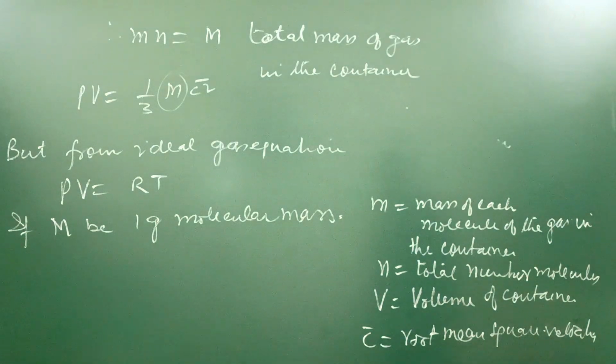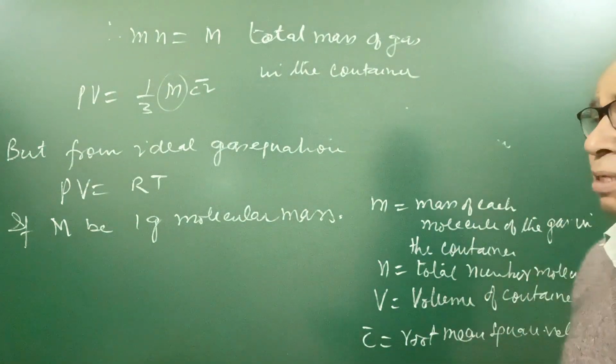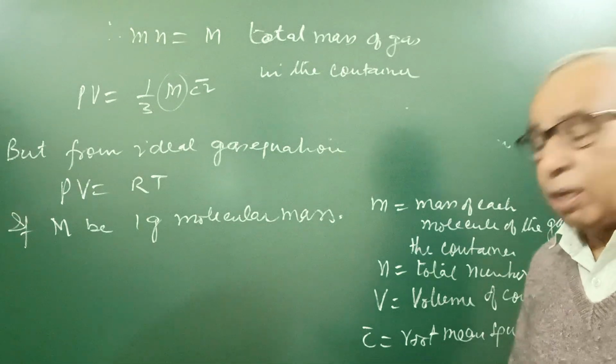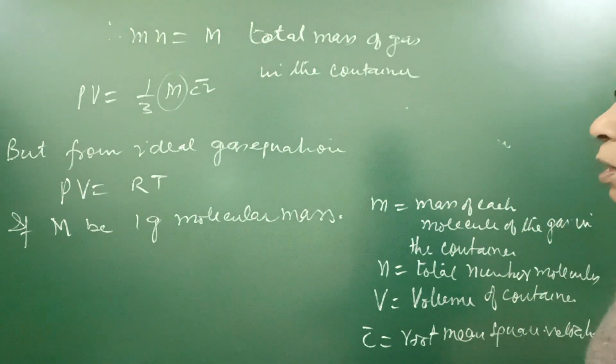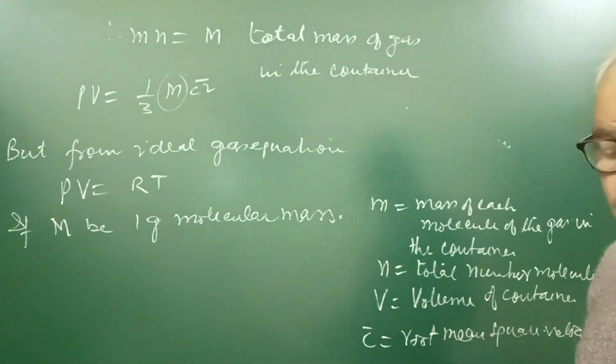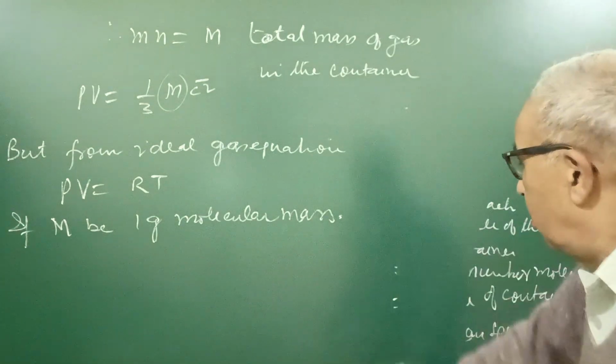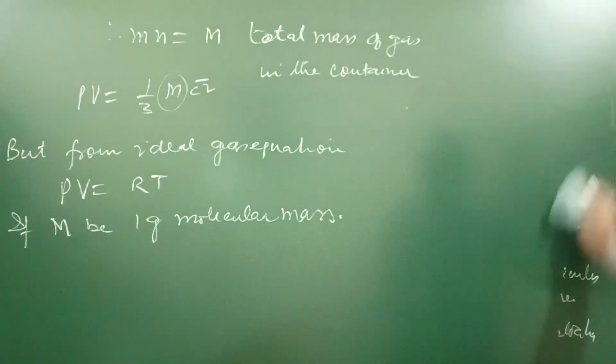For example, 44 gram CO2 is equal to 1 gram molecular mass. I keep on repeating this because this creates a lot of trouble for students. What is gram molecular mass? The molecular mass of a gas taken in grams is called gram molecular mass.